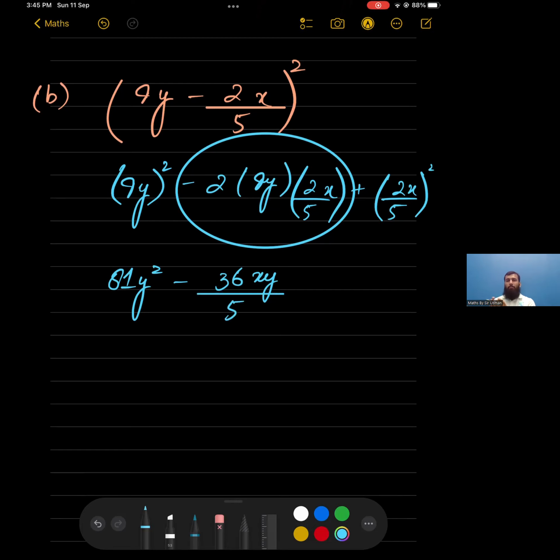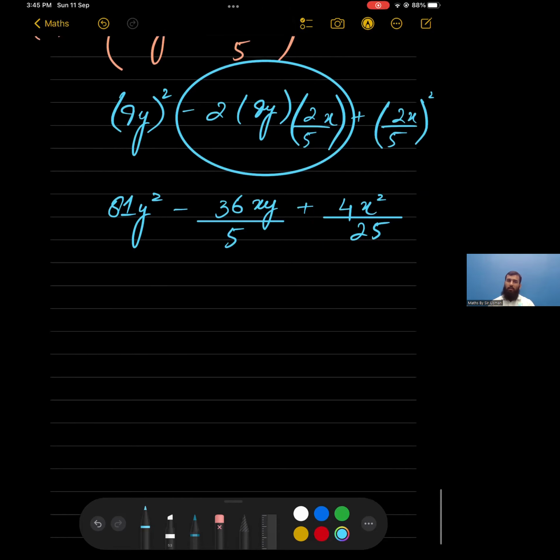Now if we move on to the b square, there we have the value 2x over 5 whole square, which is going to be 4 because of 2 square, then x square, and then 25 because of 5 square. So this is how you simplify it and you'll have your answer like this. Husna, is it perfectly clear to you now? Okay, great.